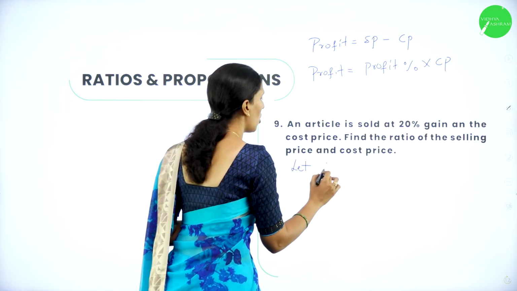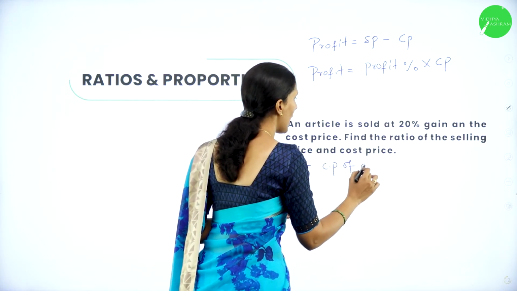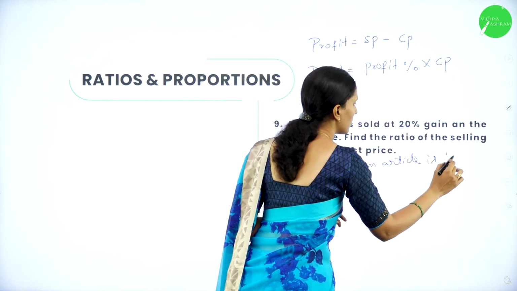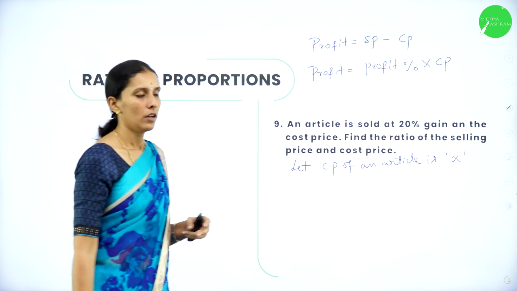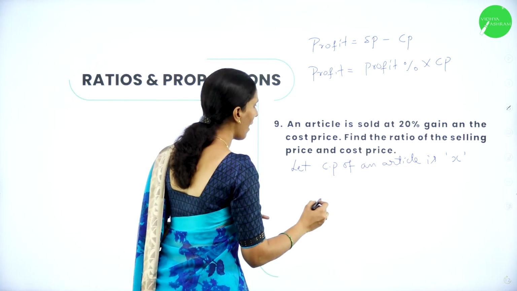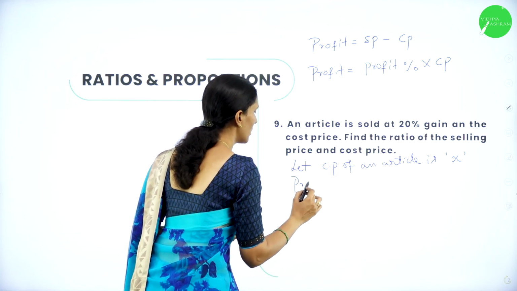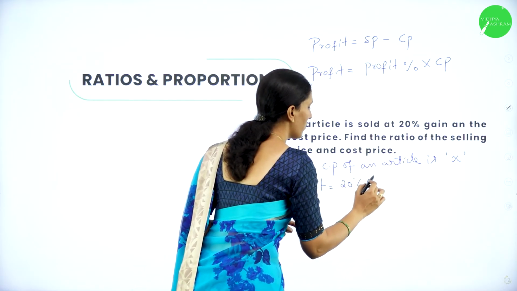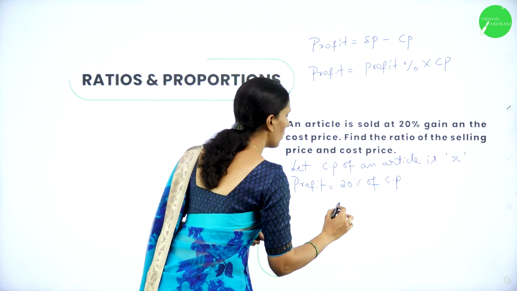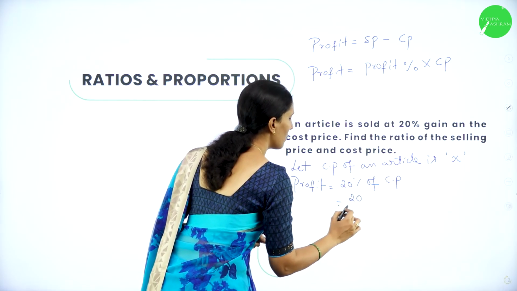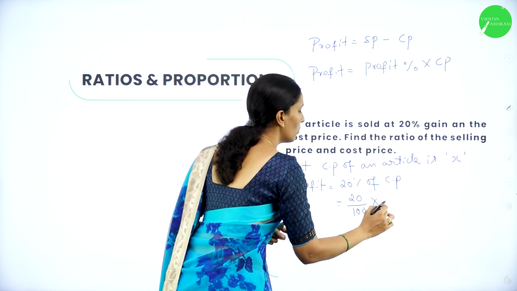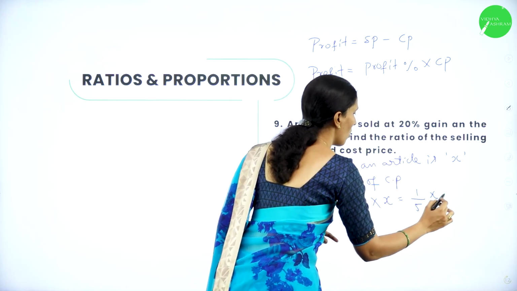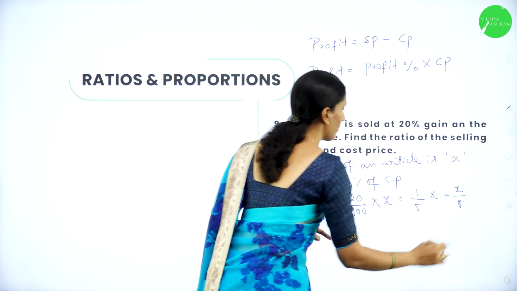So let the cost price of an article be X. Next, they have given profit, that is 20% of CP. So what is 20%? 20 by 100 into X. So that is 1 by 5 X, or you can take it as X by 5.